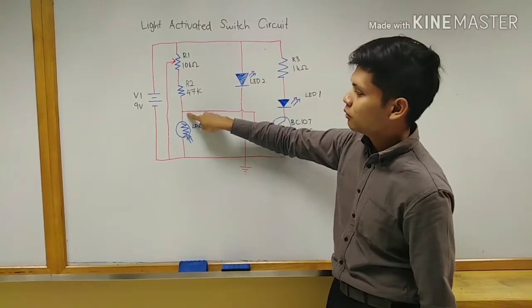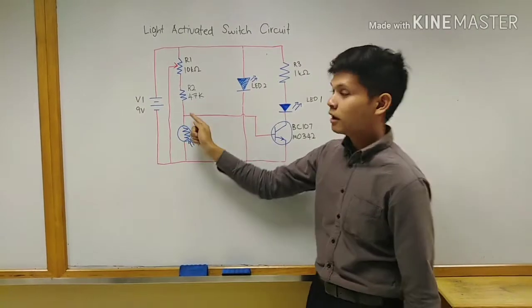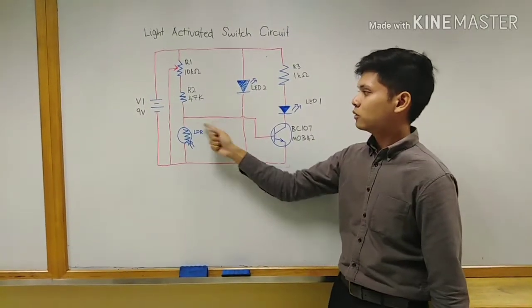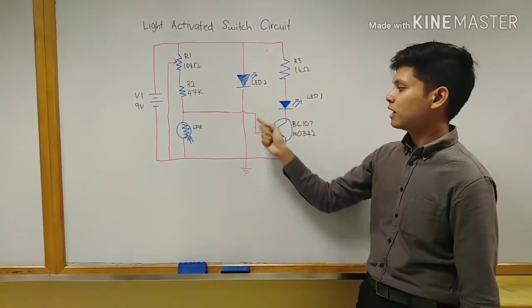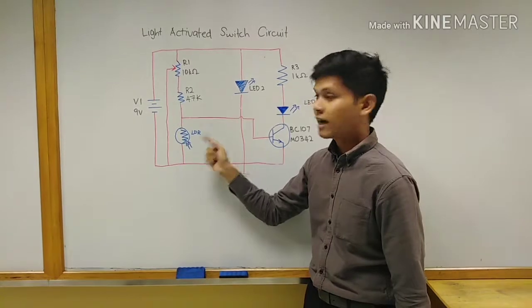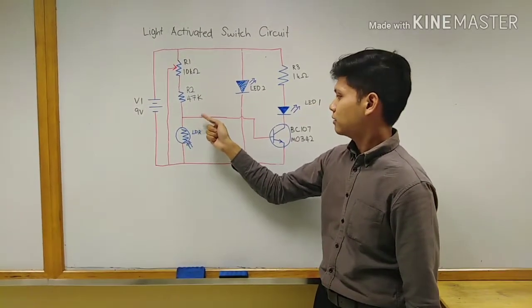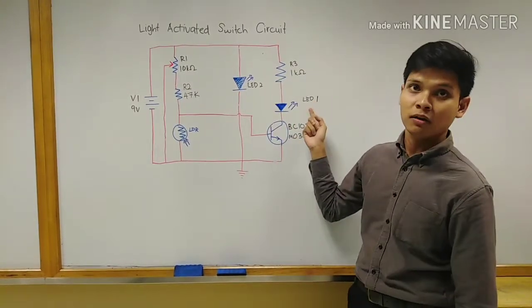All of the supply will go through the LDR, and none of it goes through this junction, this path which is connected to the base. So when it is daylight, the base has no current, hence the LED will be turned off.